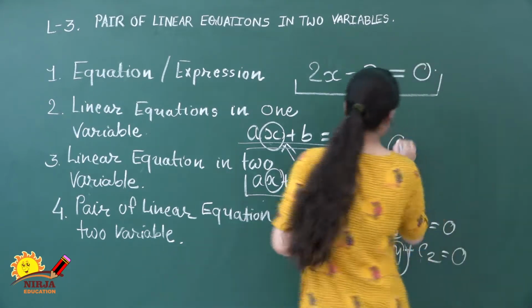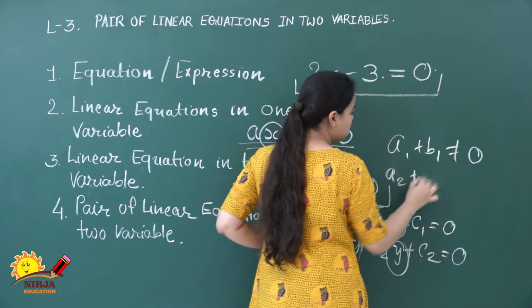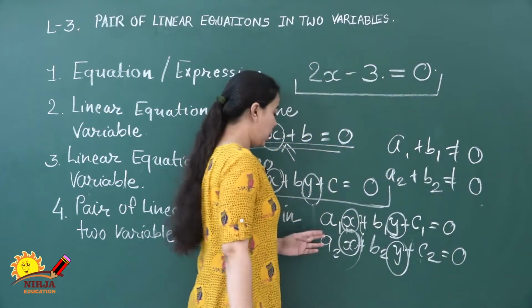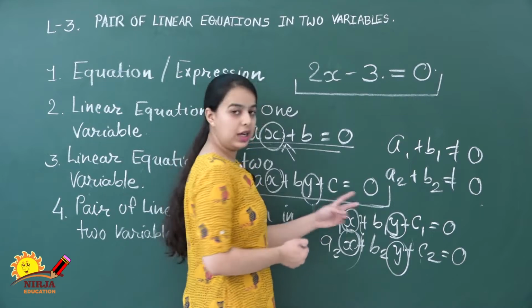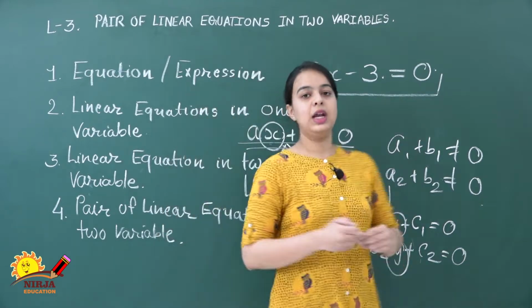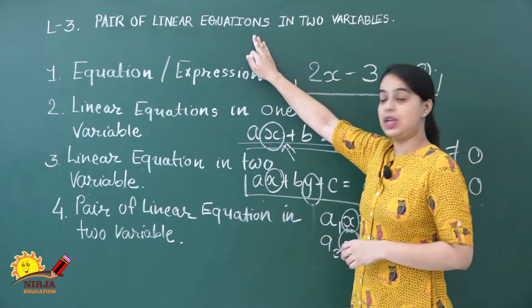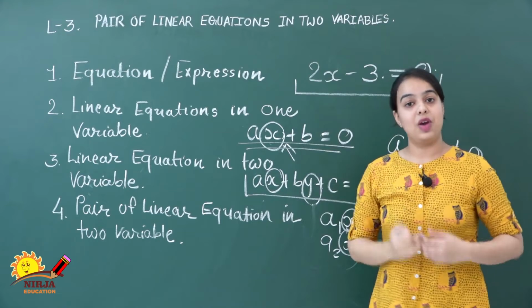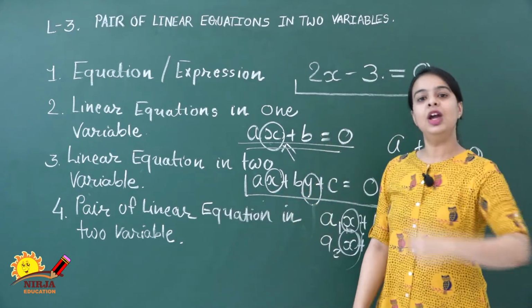That means a1 plus b1 not equal to 0 and a2 plus b2 not equal to 0. a1, b1 and c1 are constants, any real number we can use over here, and x and y both are variables. So now, as the name of this chapter suggests, we know what we mean by pair of linear equations in two variables.